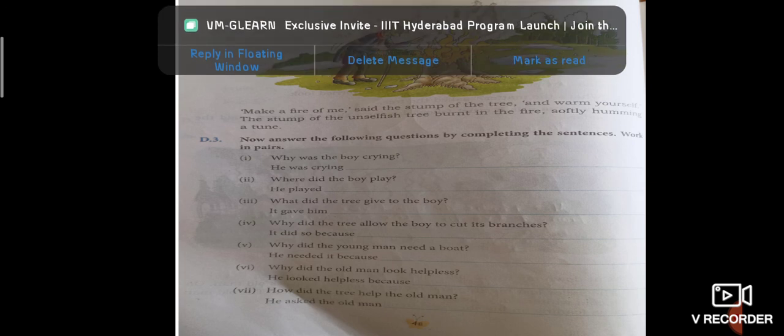He looked helpless because he has lost his ship, and he was now cold also. He was feeling cold, and he had nothing, nowhere to go, so he was standing in front of the tree. How did that tree help the old man? He asked the old man to burn the stump which was left out, and take the warmth from that tree, right, children?